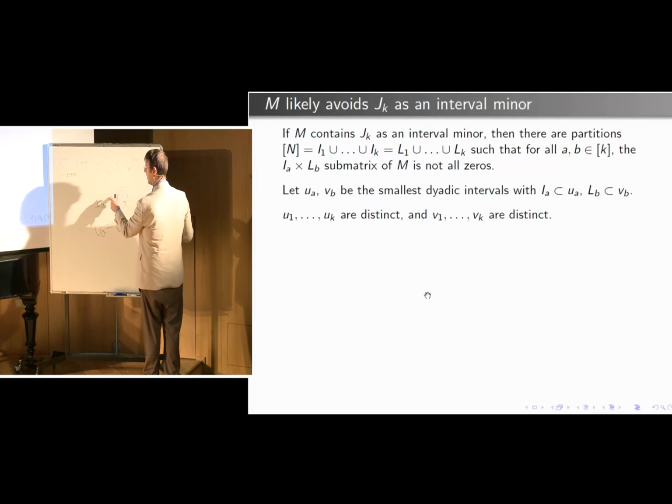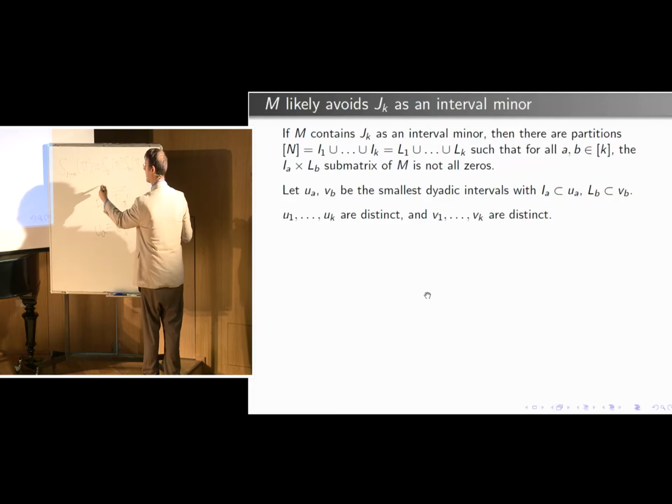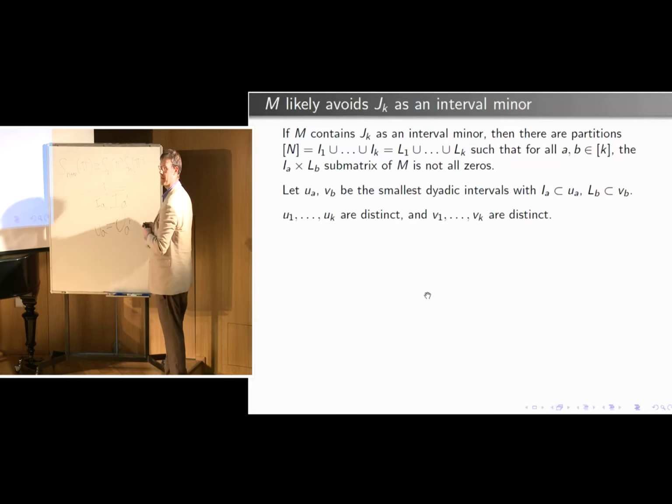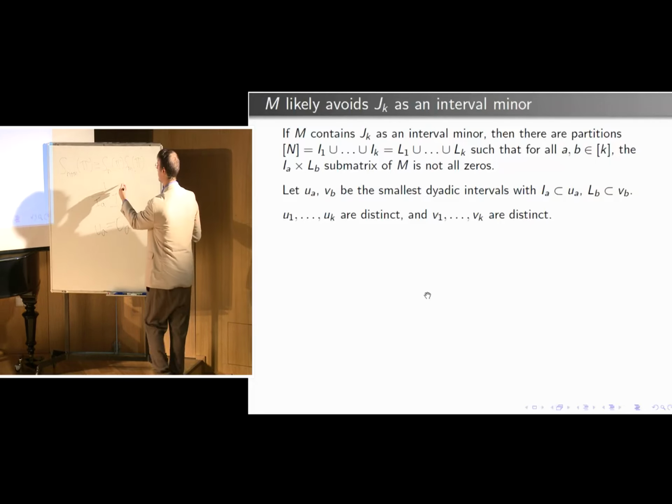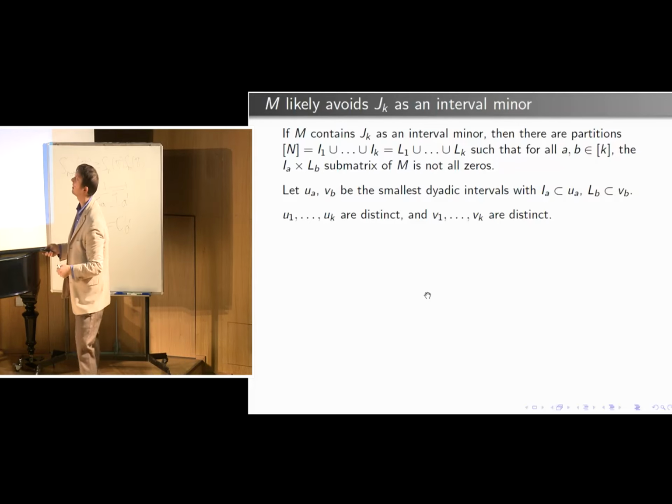Then, because these are disjoint intervals, one of the two has to be in the left half or the right half of this dyadic interval, and therefore it has to be in a smaller dyadic interval, which is just that half. So these intervals are distinct.